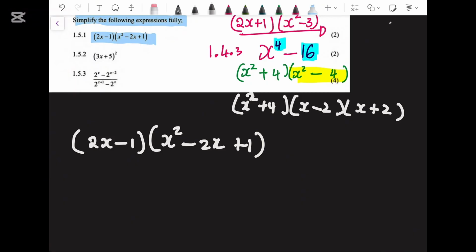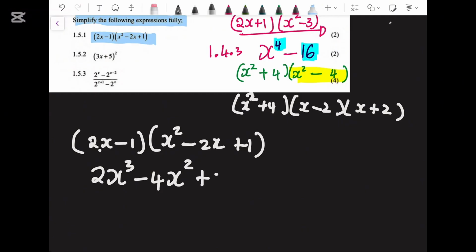So we are going to have 2x multiplied by x squared. It will be 2x cubed. And then we have 2x multiplied by negative 2. It will be negative 4x squared. And then we have 2x multiplied by 1.